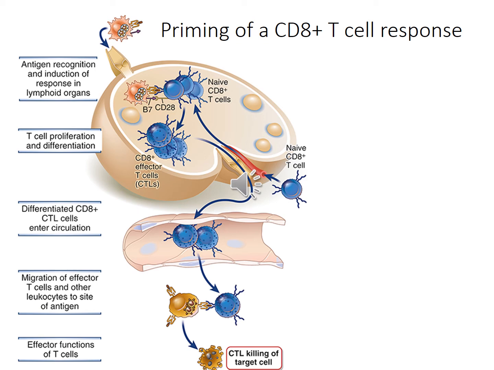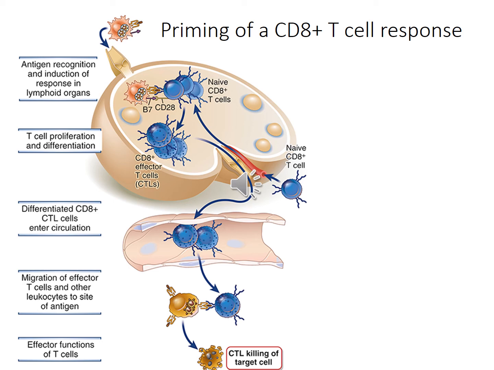The CD8 T cells express CD28, which is a co-stimulatory molecule on their surface. This binds to the B7 molecules, which are CD80 and CD86. Once the T cell has recognized its specific peptide on the surface of the antigen-presenting cell, the CD8 T cells differentiate into effector cells and divide.